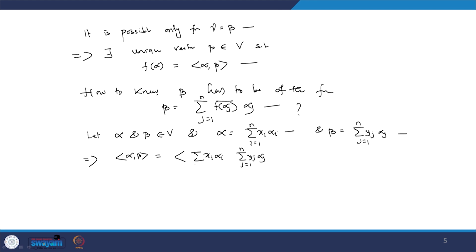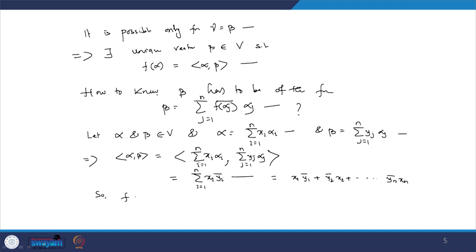Now, using the definition and property of the orthonormal basis, I can straightaway write this is equal to sigma xi yi bar, i equal to 1 to n. So, this is I mean to say x1 y1 bar plus x2 y2 bar plus ... plus xn yn bar.